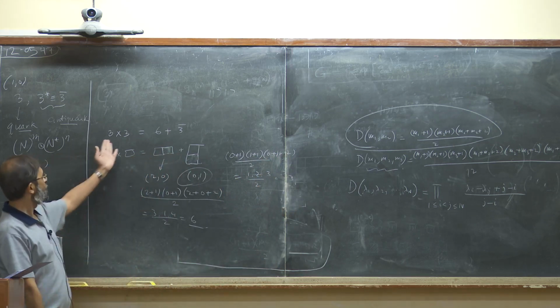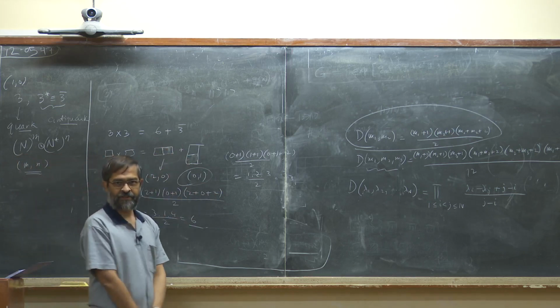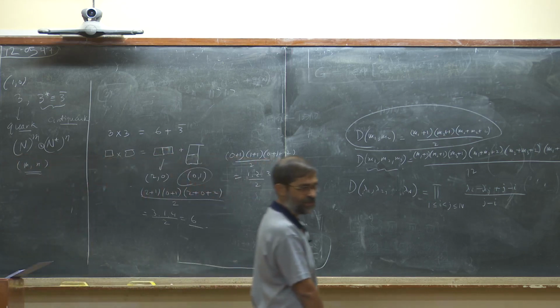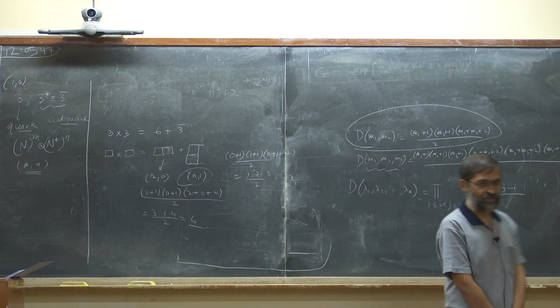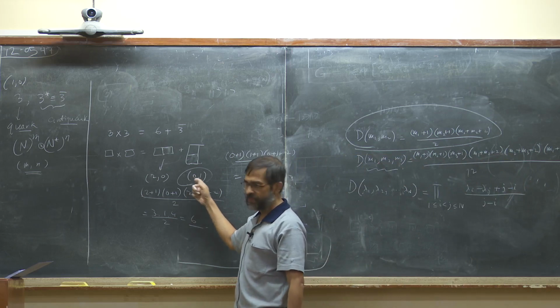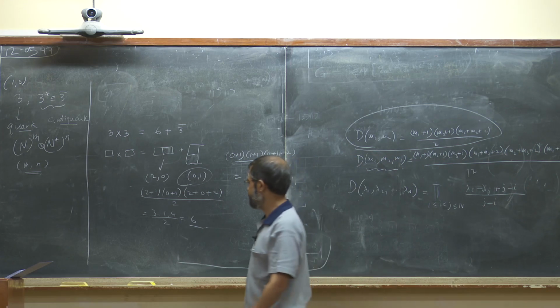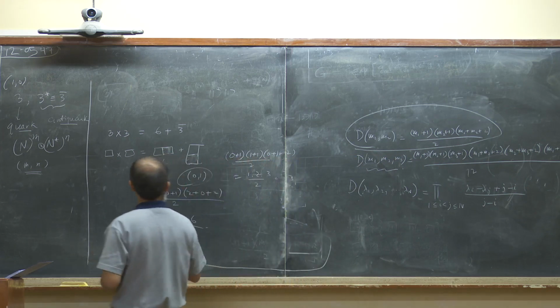So we got 3 cross 3 is equal to 6 plus 3. It doesn't tell you that this is 3 bar. For that, you have to do some extra work. This only tells you the dimensionality of the representation, but the fact that the Dynkin label here is 0, 1 tells you that it's an anti-fundamental representation. Very good.